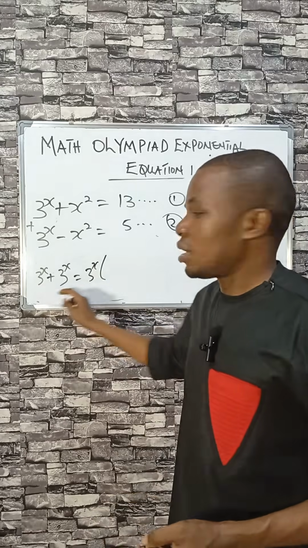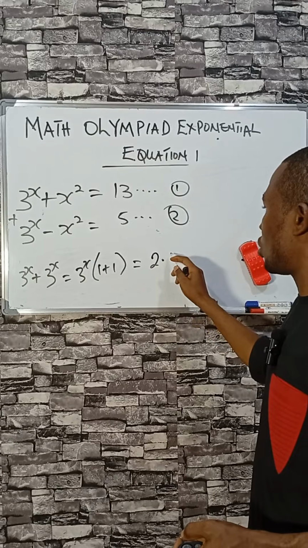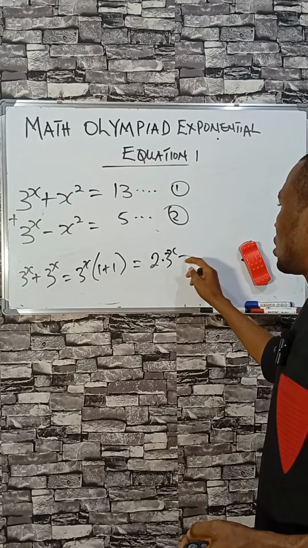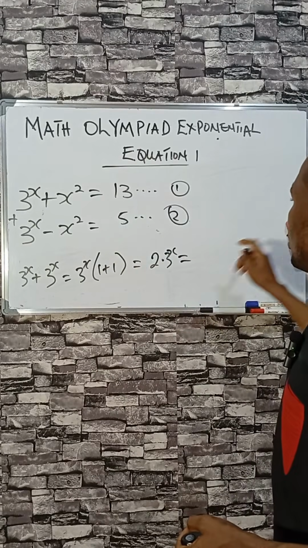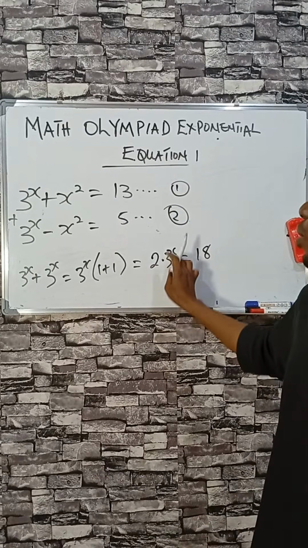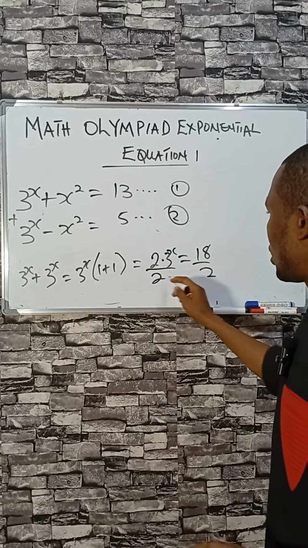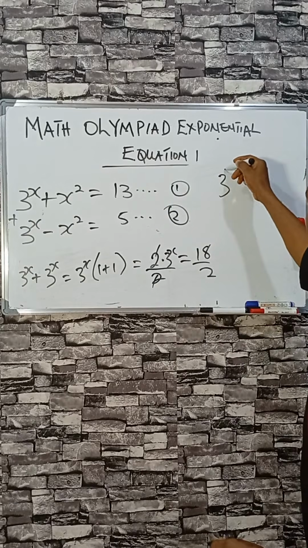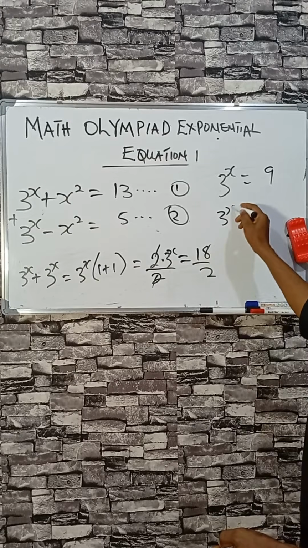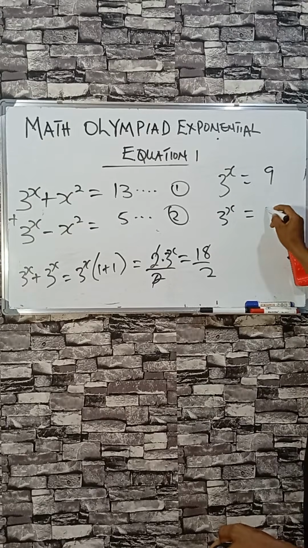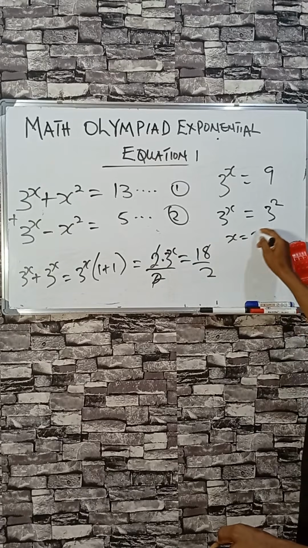This is common, so we factorize it to be 1 plus 1, that will give us 2 times 3^x, and it's equal to 13 plus 5, since I'm adding, that will be 18. I'm looking for this alone, so I divide through by 2, so that 3^x stands alone. Then 3^x equals 9, and you can write 9 as 3 squared. Comparing the base, x equals 2.